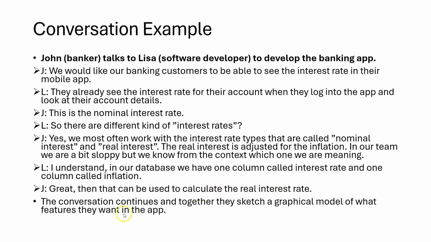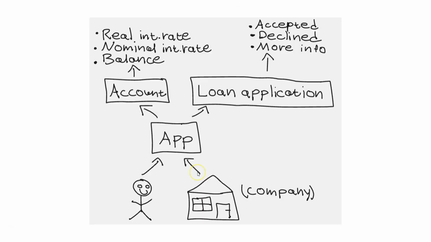The conversation continues, and together they sketch a graphical model of what features they want in the app. And this sketch, or the graphical model, could look something like this. So we have the banking application, and in the banking application, customers can log in, but also companies can log in.